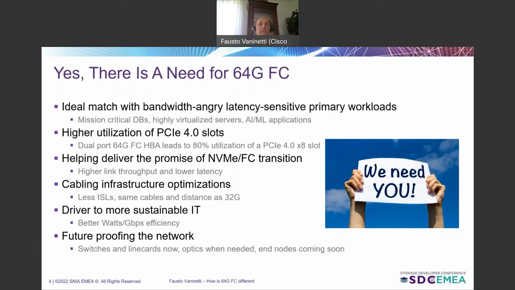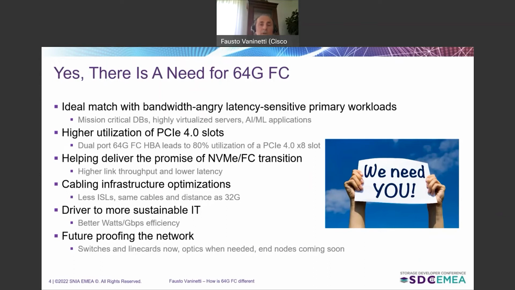Clearly, 64 gig Fibre Channel delivers its best when you think about bandwidth hungry and latency sensitive primary workloads like mission critical databases or highly virtualized servers, or maybe artificial intelligence and machine learning applications. When you have state-of-the-art servers with PCI Express Gen 4 slots, a dual-port HBA at 64 gig will be able to give you the best possible utilization of the available bandwidth, up to 80%.